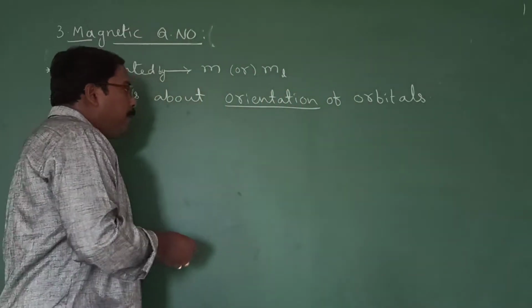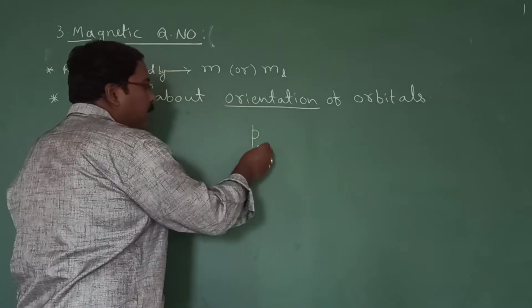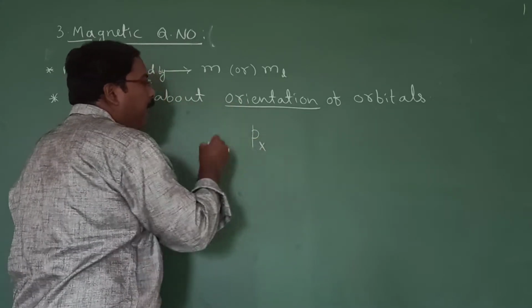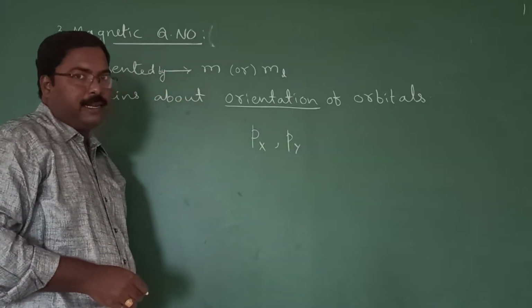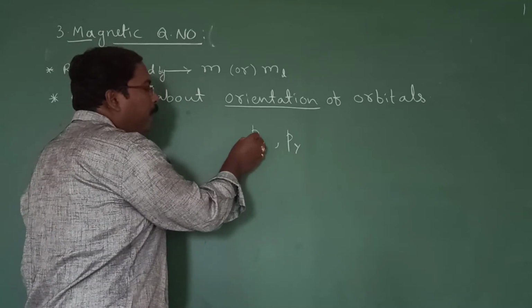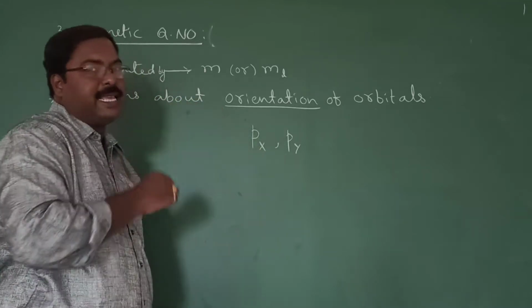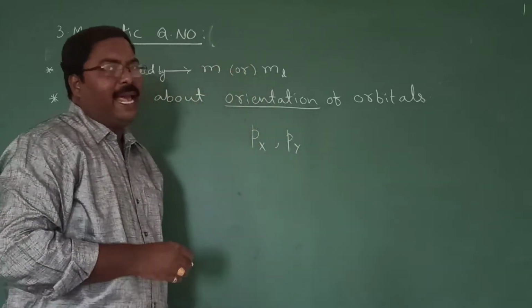For example, while representing the orbitals, I said px, p orbital along the x-axis, and this p orbital along the y-axis.